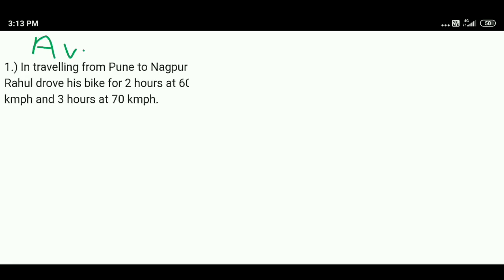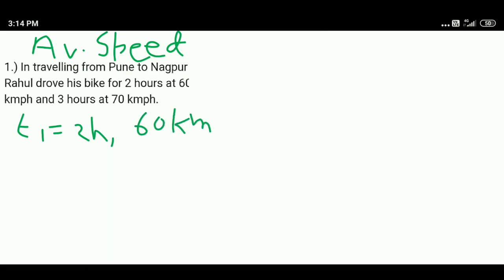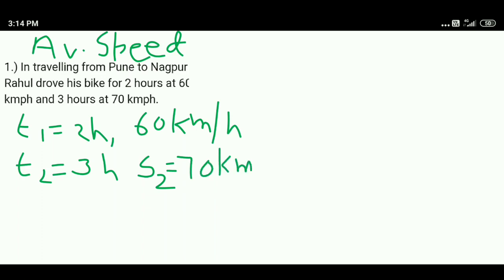What is given over there? First, time 2 hours is given, and the speed is 60 km per hour. Second, time 3 hours is given, and for the speed S2 I will write 70 km per hour.